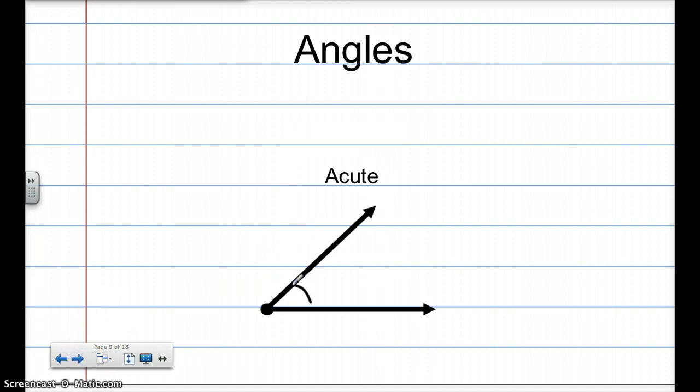I would draw a little arch like this because this is less than 90. So that would be 89 degrees down to 1 degree. That would be an acute angle. And I always say acute is very cute because it's little. So you want to say acute angle because it's cute. It has the word cute in it.